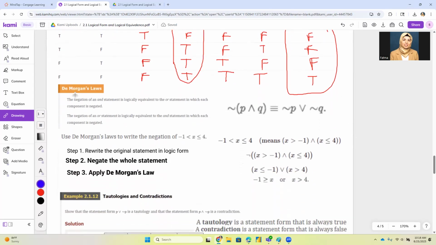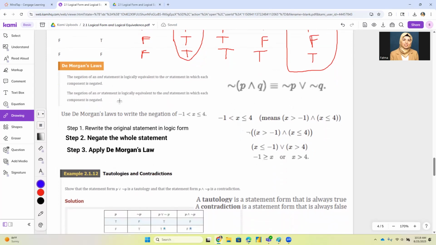So when we look at what De Morgan's law is, the negation of an and statement is logically equivalent to the or statement in which each component is negated. So here's De Morgan's law. When you have P and Q, you must negate it as not P, and you have to change the and to an or, and change the Q to a not Q. So this is how we express De Morgan's law for the and statement.